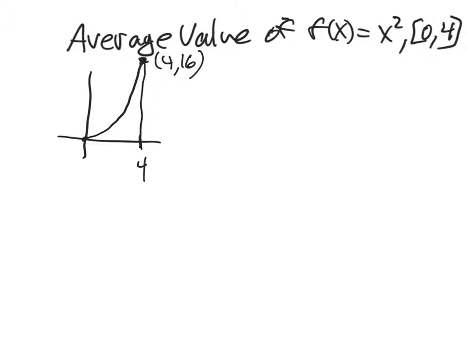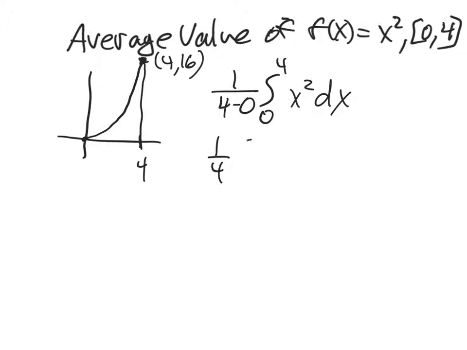So we know the area is the integral from 0 to 4 of the function, and then average value, we say take 1 divided by b minus a. So ultimately it takes 1/4 of the area here. Well, antiderivative x cubed over 3 from 0 to 4.